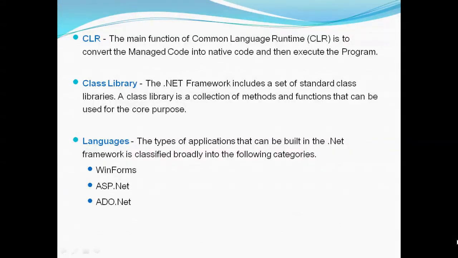Notepad is an example of a client-based application. ASP.NET is used for developing web-based applications which are made to run on any browser such as Internet Explorer, Chrome or any other browser.